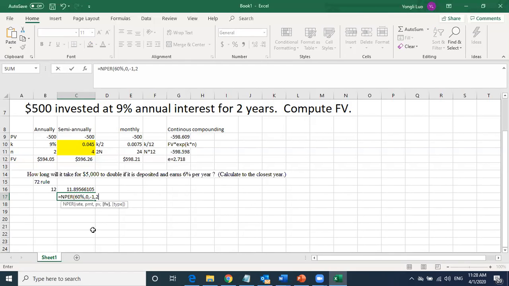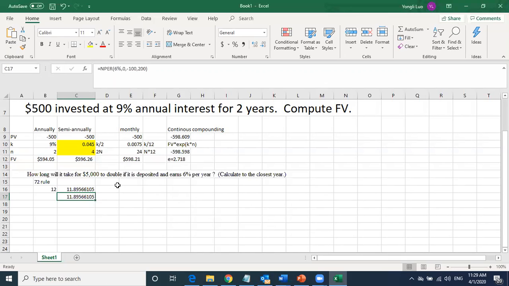If you do -1 and 2, it's still the same result, right? See, you got the same. Or you use -100, so you invest $100 and you get $200. This will not change the time, how many years it takes to double your money, right?